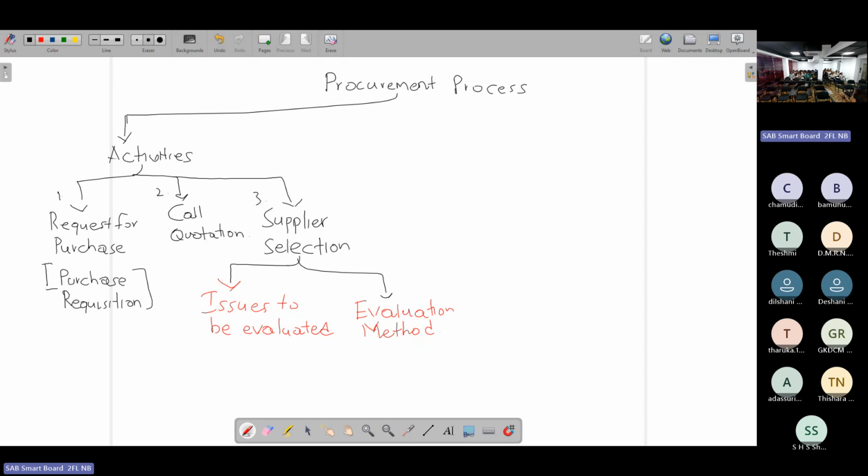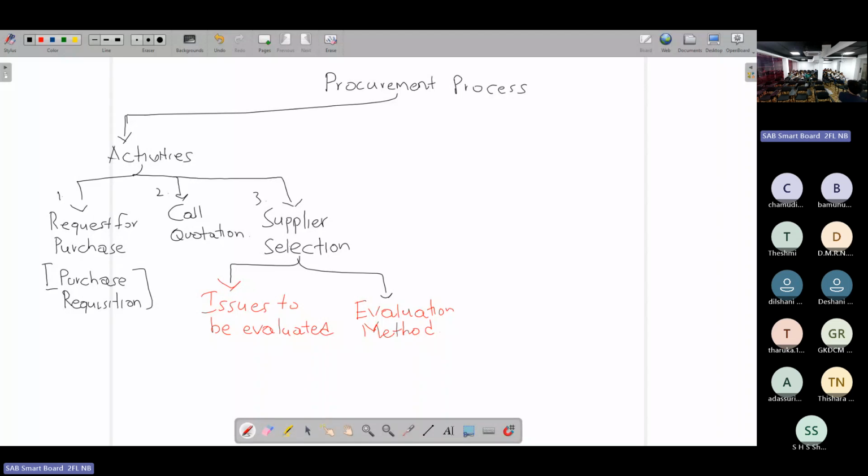To mitigate that risk, the supplier should deliver raw materials or goods continuously. That means we have to check whether the supplier is financially stable. Last one, ethical issues. These are the four issues to be evaluated when selecting a supplier.